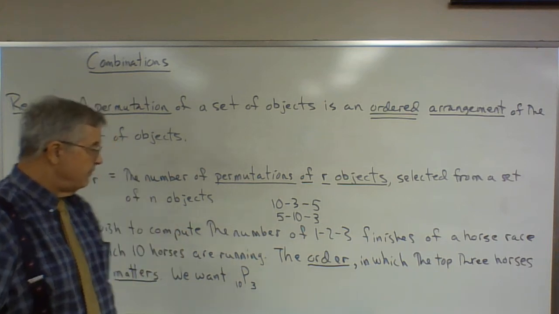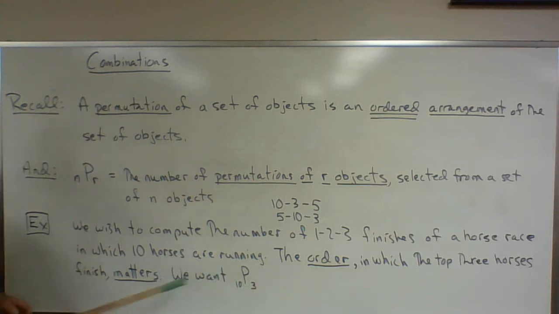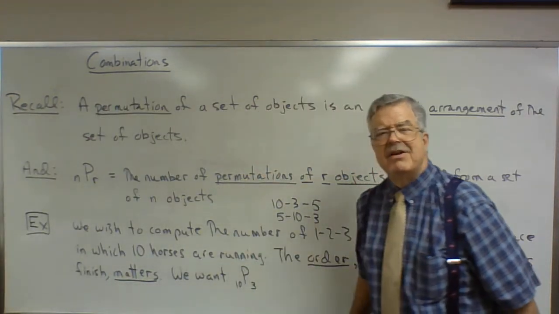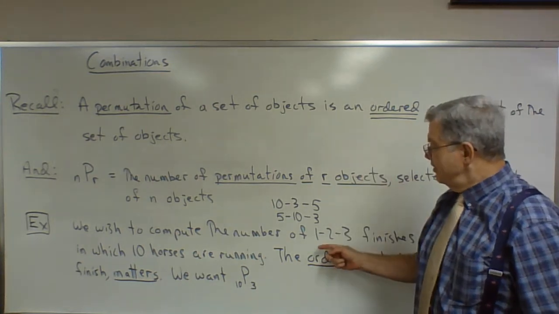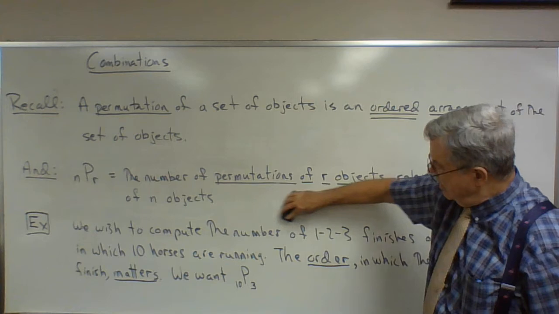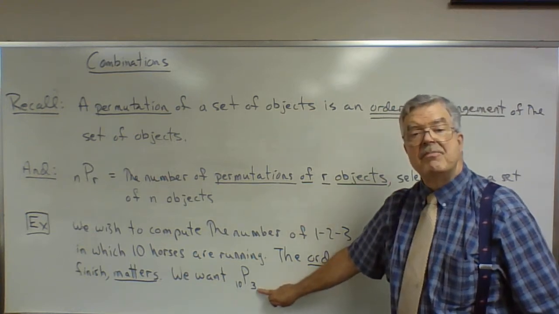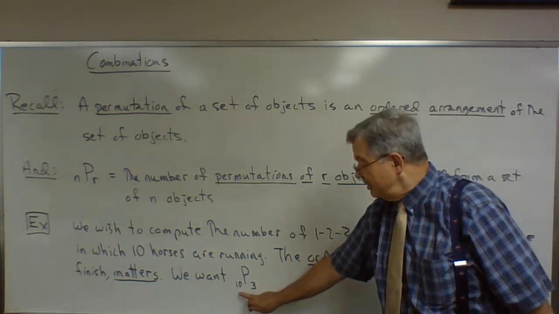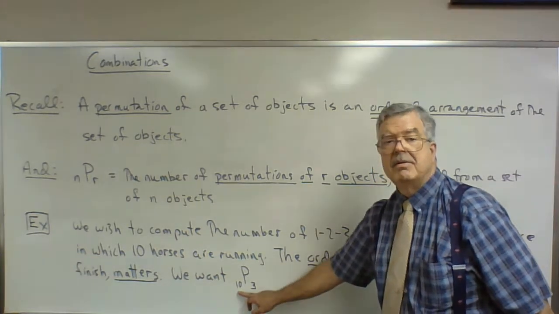So in a horse race, the order in which the top 3 horses finish matters. And how many different ways can 10 horses finish in the top 3? How many different 1, 2, 3 finishes can we get from a field of 10 horses? We're looking at the number of permutations of 3 horses selected from a set of 10 horses. Order matters.